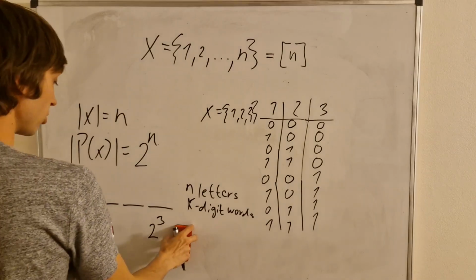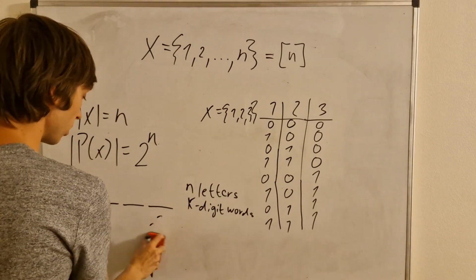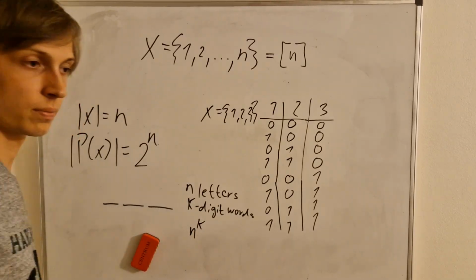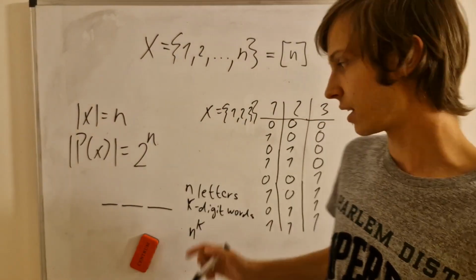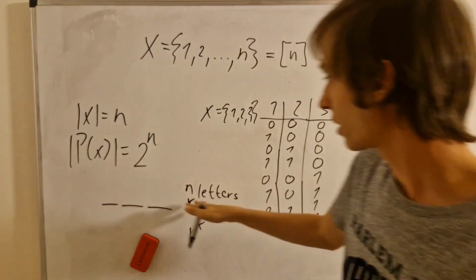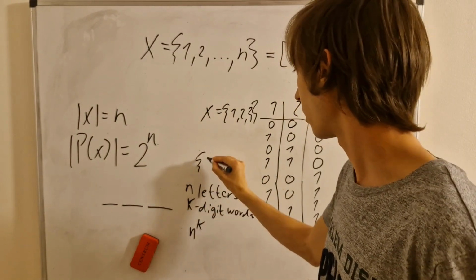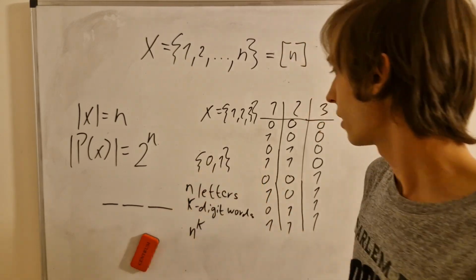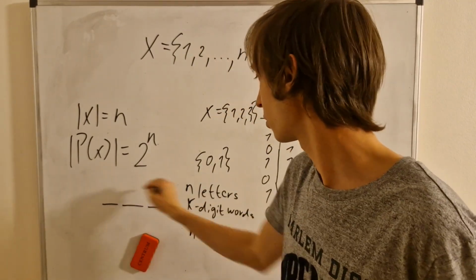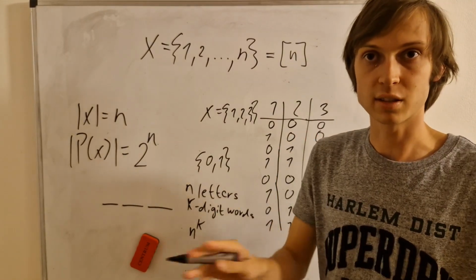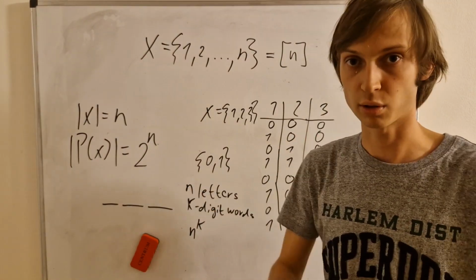We want 3-digit words. Well, it's going to be n to the k options. So this is a generalized idea. It goes directly from counting. We have 2 different letters in our allowed alphabet, namely 0 and 1, and we're looking at all the combinations, so 0, 0, 0, 0, 0, 1, and we do not care if the same letter is appearing twice in the word. That's not a problem.